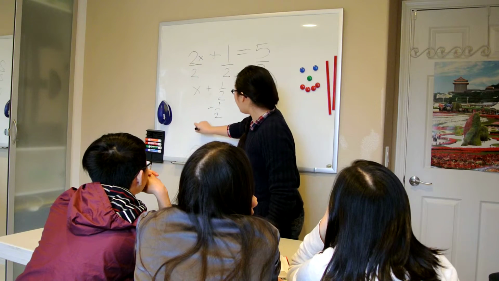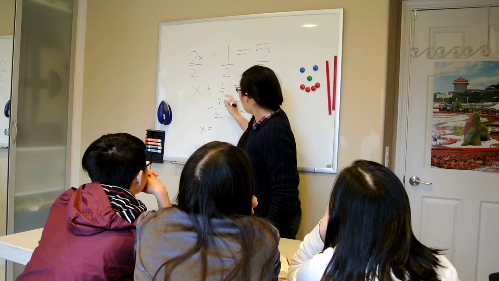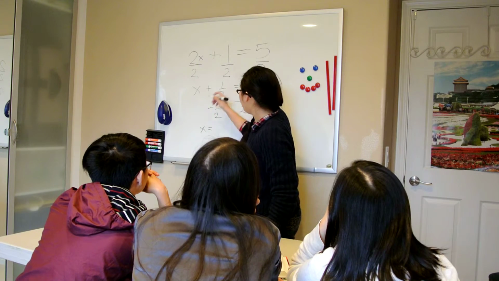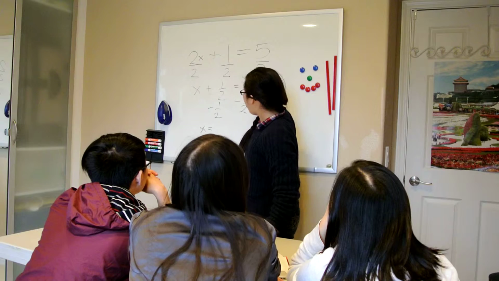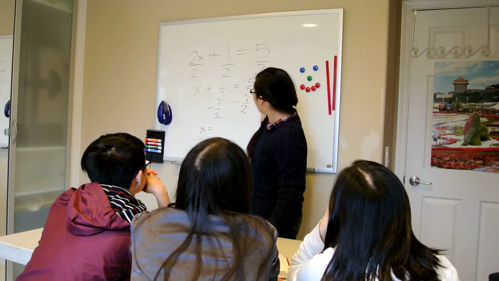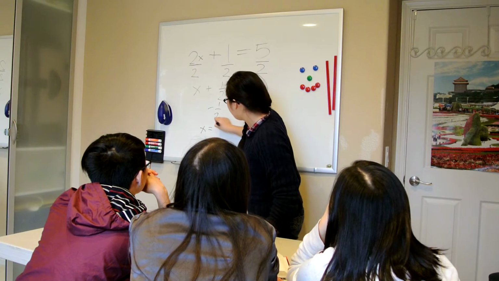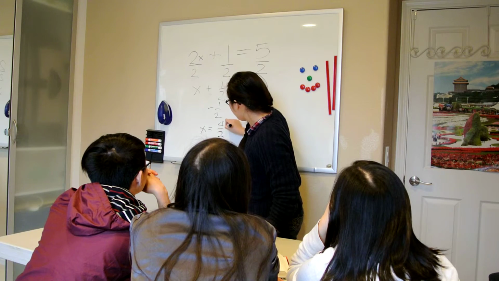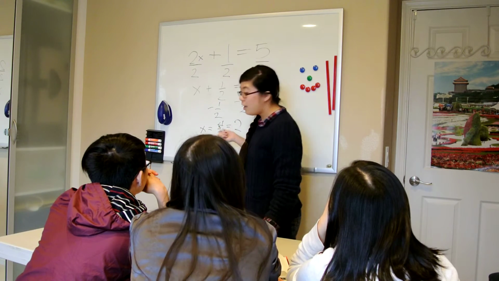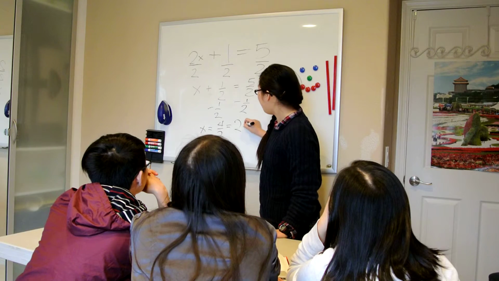We will then get x equals, 1 half minus 1 half is 0, so we'll leave that out, and 5 halves minus 1 half, so that would equal 4 halves, which is equal to 2. And so we have the same answer that we had before.